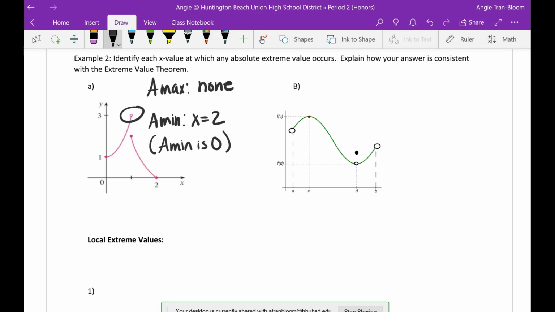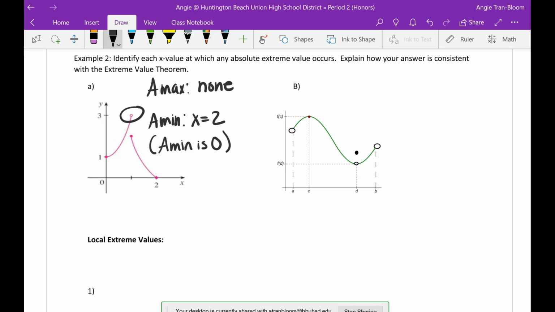Then it says, explain how your answer is consistent with the extreme value theorem. Is this consistent or not consistent? What does the extreme value theorem say? Brian? If it's continuous on a closed interval, then it's guaranteed to have both the maximum and the minimum. So if it doesn't meet those requirements, then it may not have either. Right. What is it violating? Continuity.